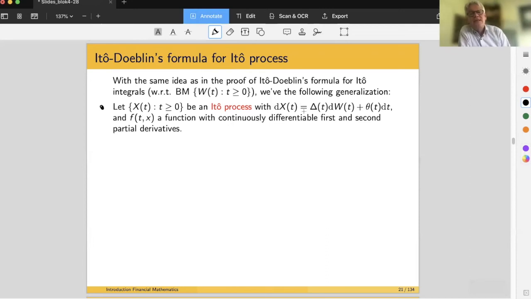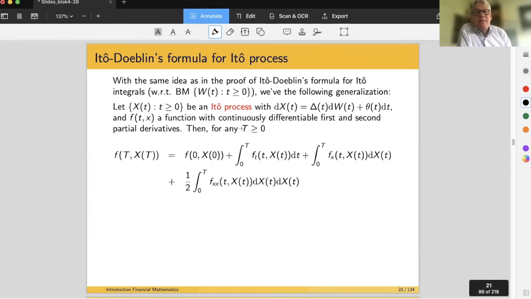Again, dx t is delta t dW t plus theta t dt. And let f, a function of t and x, be a function with continuously differentiable first and second partial derivatives. So this is the setting where the only thing changed is that we're now dealing with an Ito process.